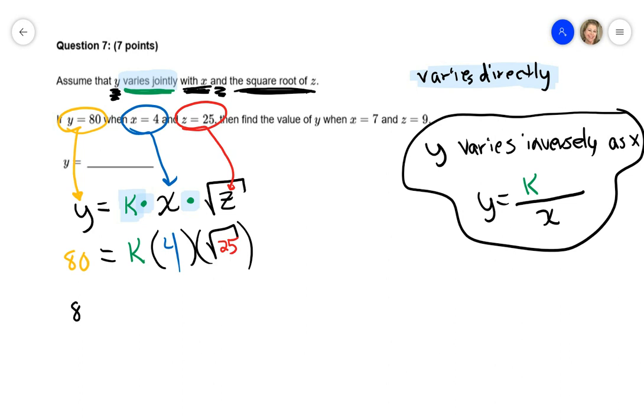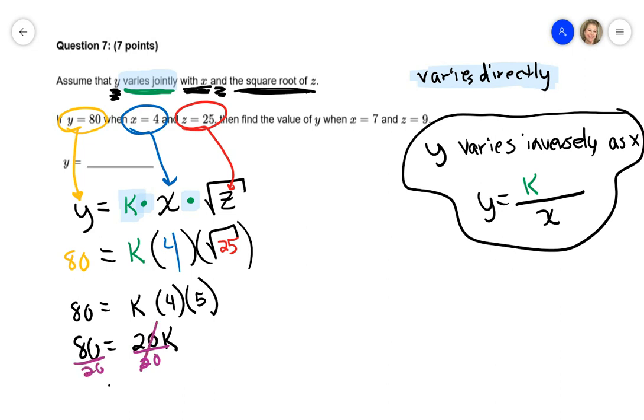So I've got 80 is equal to k times 4 times the square root of 25, which is 5. 4 times 5 is 20, so k times 20 I'm going to write as 20k. And then I would divide off the 20. So that cancels.